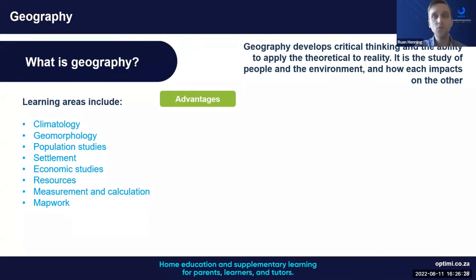From grade 10 to 12, learners will discuss topics such as climatology, geomorphology, population studies, settlements, economic geography, and so on.